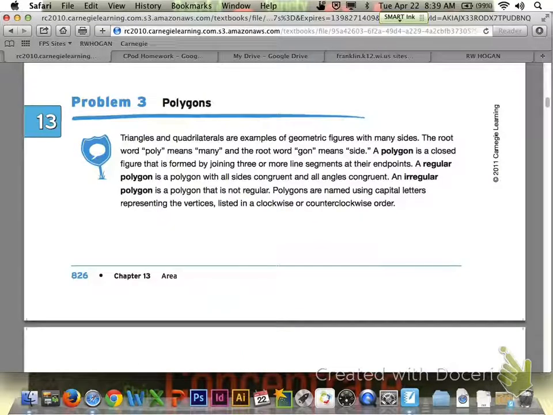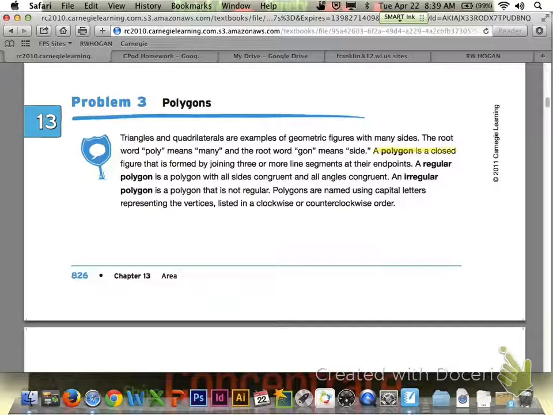If you take a look at the bottom of page 826, now we shift our focus in problem 3 to polygons. Again, some terms that you are probably very familiar with, but we'll just do some sketching in this problem and we'll finish up with 13.1. It says that triangles and quadrilaterals are examples of geometric figures with many sides. The root word poly means many and the root word gon means side.